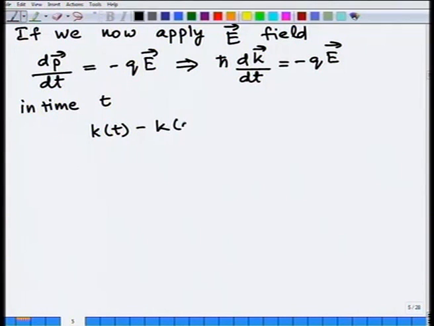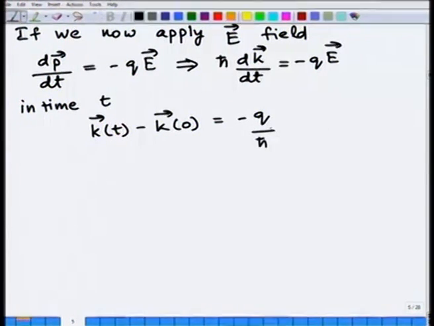That at time equal to 0 is when we apply the electric field. So, at t equal to 0 electric field is applied. In time this k vector begins to move and this becomes equal to minus qE by h bar times t. This is the amount by which this k vector moves in time t.